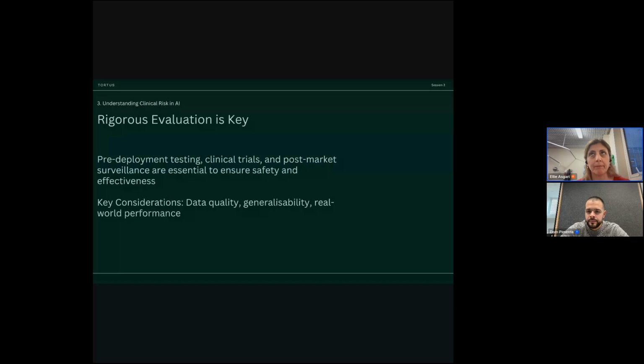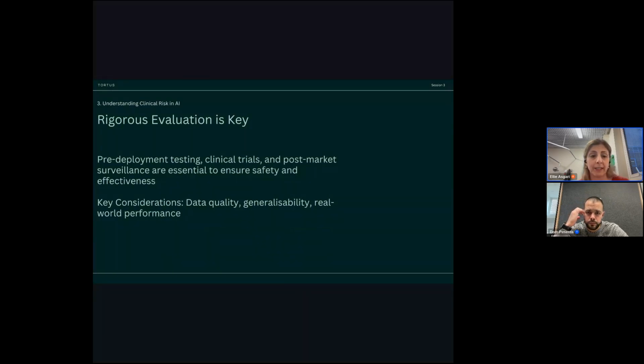To mitigate risk and make sure that we cover risk, rigorous evaluation is key. And that should be at all different stages of any technology: before the deployment, depending on the tool, if it needs a clinical trial, not everything actually fits into a clinical trial, and the post-market surveillance. So these are very, very important.